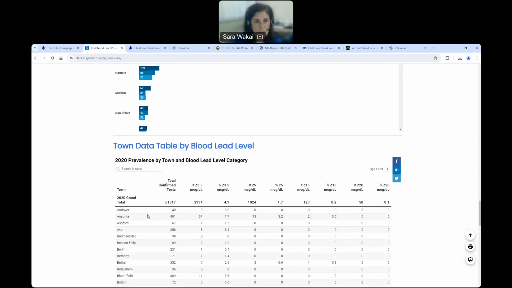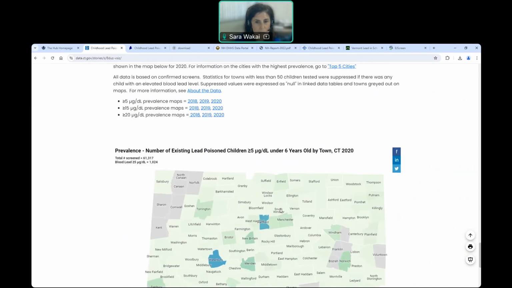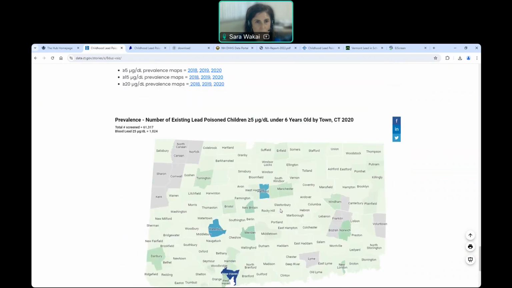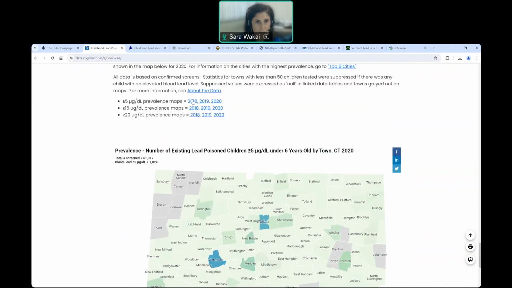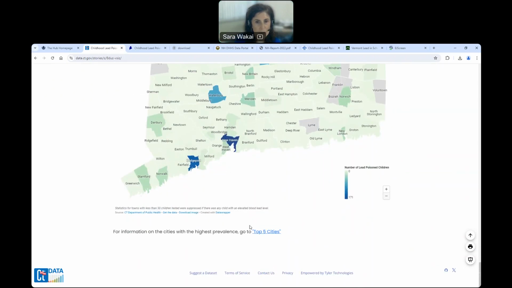And then this is if you wanted to look for prevalence just for 2020, and then you can scroll over to look at all of the towns this way. They also have maps if you wanted to look at certain maps. I have different ones listed. The top 5 cities as well.